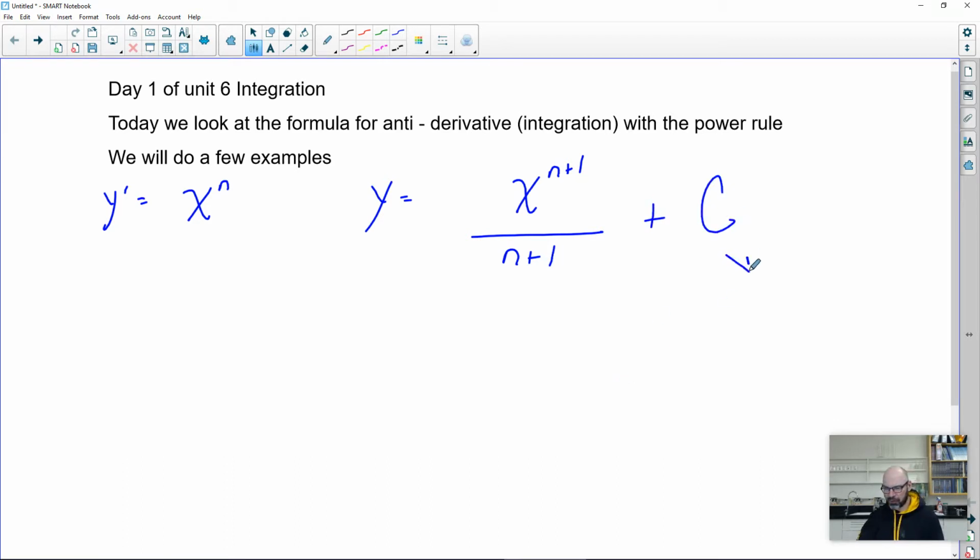This could be any number, so this is a constant. The integration constant, we call it later on. So this is our rule right here.